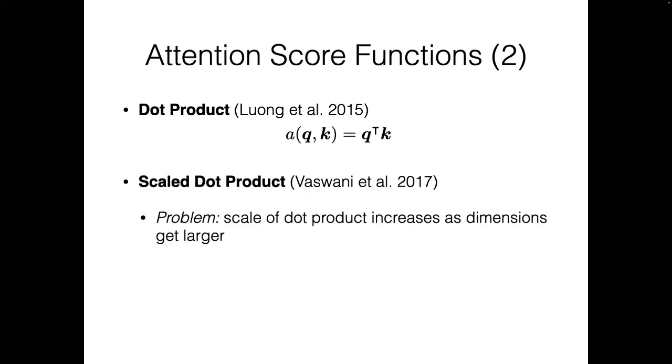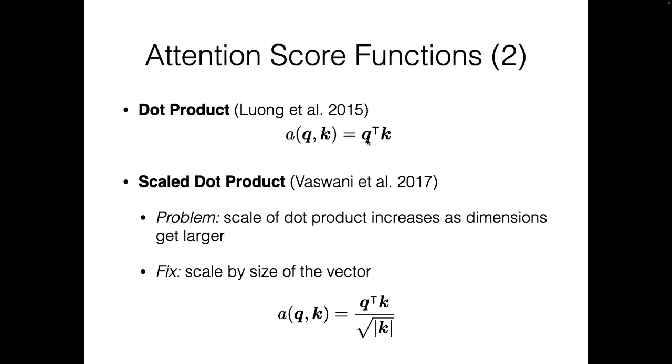The one that's going to be used in transformers is called scaled dot product. What they observed is that the scale of the dot product can increase as the dimensions get larger. So they wanted an attention score where they could try out different size architectures and not worry about that.